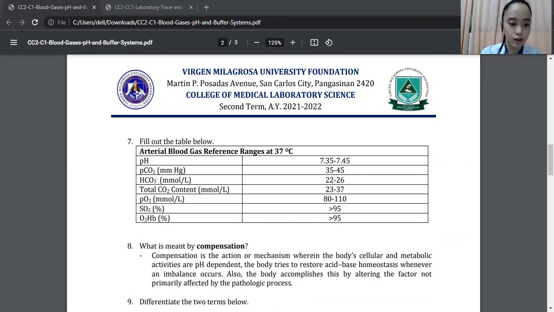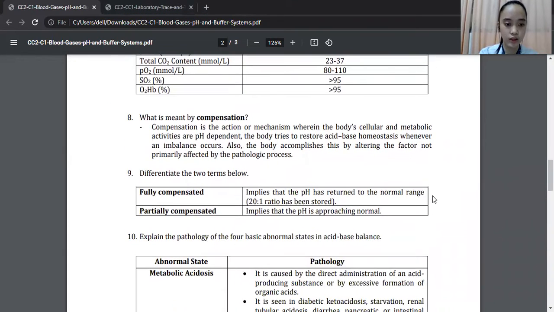What is meant by compensation? Compensation is the action or mechanism wherein the body's cellular and metabolic activities are pH dependent. So yun, the body tries to restore acid-base homeostasis whenever an imbalance occurs.